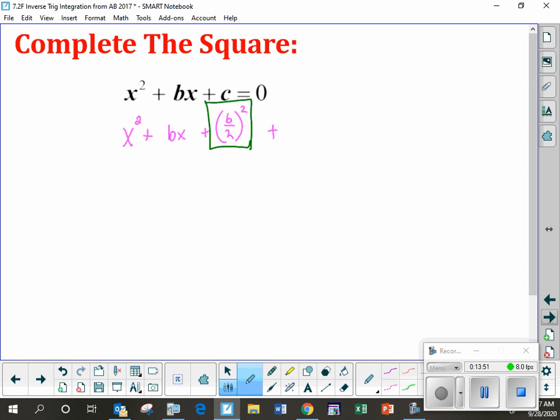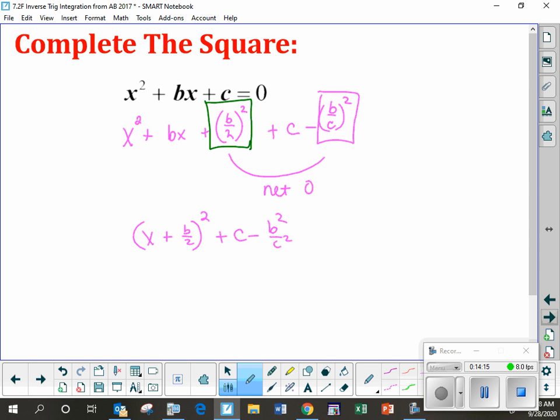And then I'd have my plus c, and I'm going to back off exactly what I introduced to complete the square, so things stay balanced. This is a net 0 position. This will turn out to be what? An x plus b over 2 quantity squared plus c minus b squared over 4, whatever that number adjusts to.